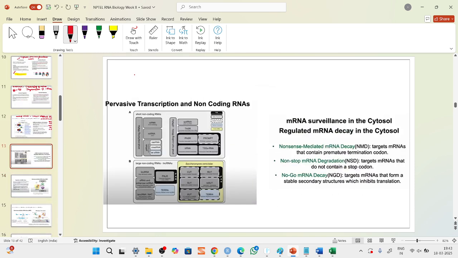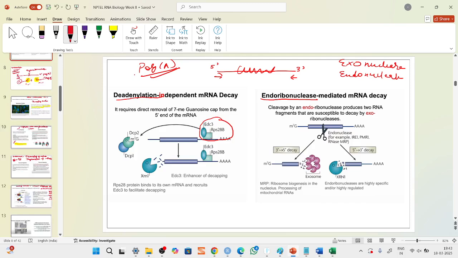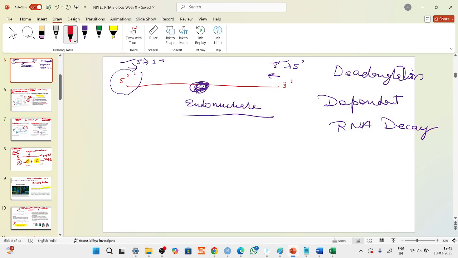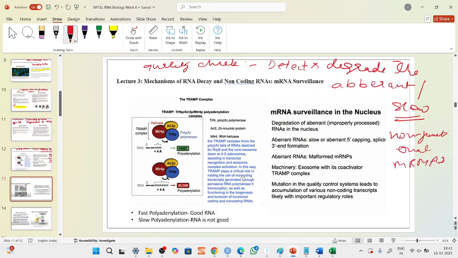Now, another important point to be discussed is mRNA surveillance in the cytosol, regulated mRNA decay in the cytosol. What we have studied so far is the mRNA decay that was happening in the nucleus.